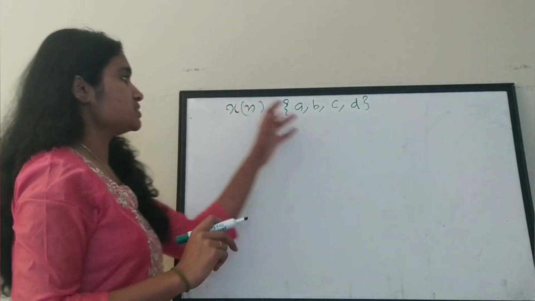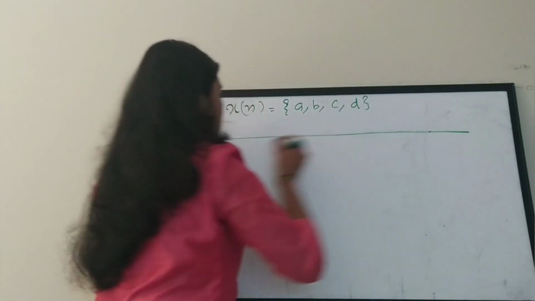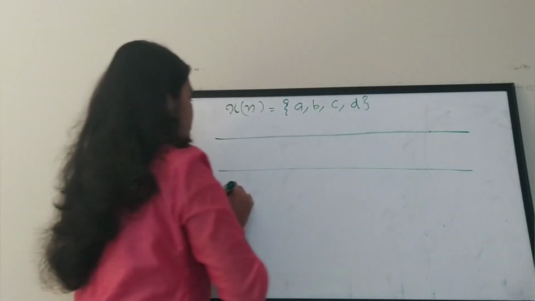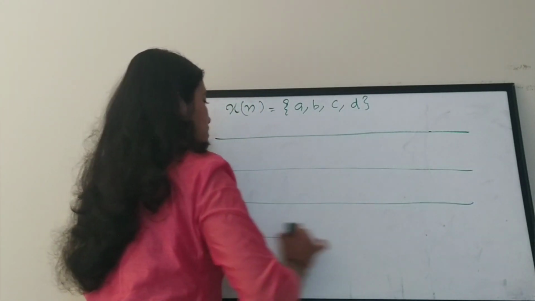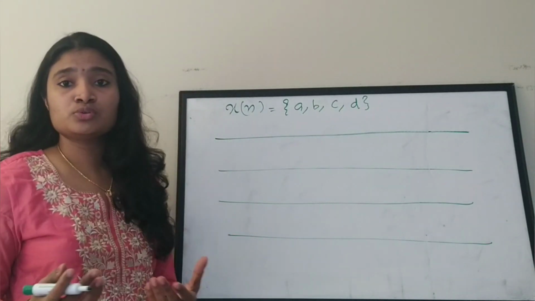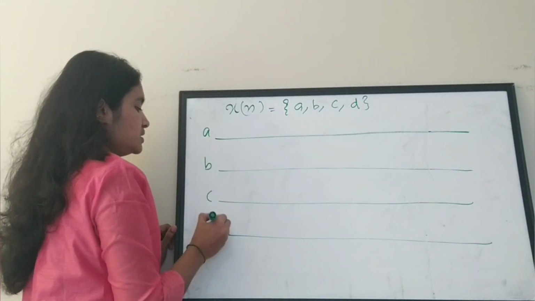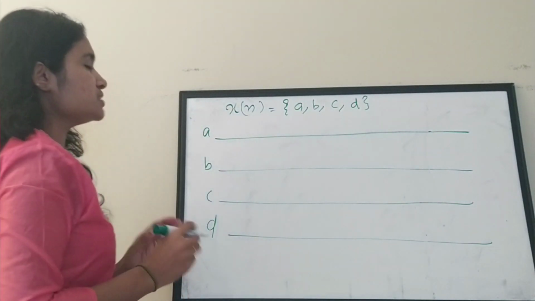For this case, the length is 4, so I have to draw 4 parallel lines here: 2, 3 and 4. On this end I'm going to apply my inputs A, B, C and D.